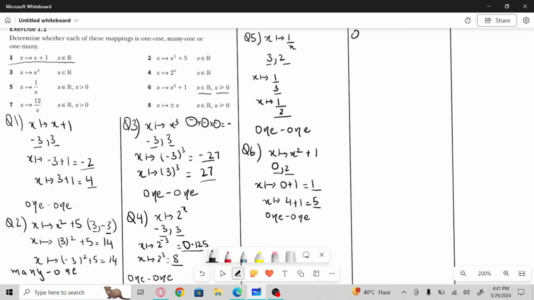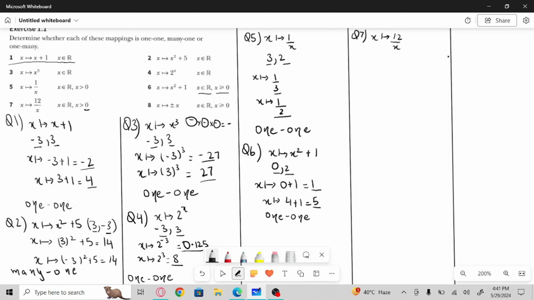On to question number 7. Here we see that x is mapped to 12 upon x. Again, x is a real number and x is greater than 0, but it does not include 0 because there is no equals to sign with the greater than symbol.